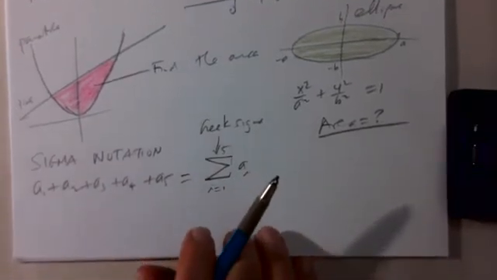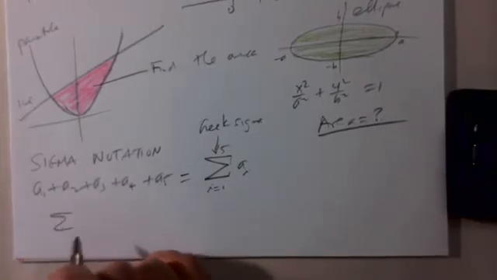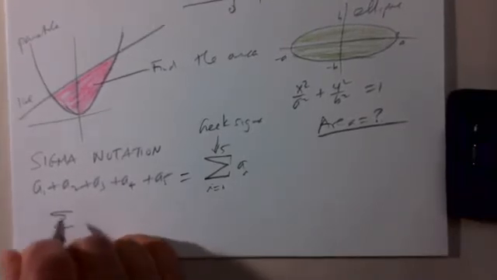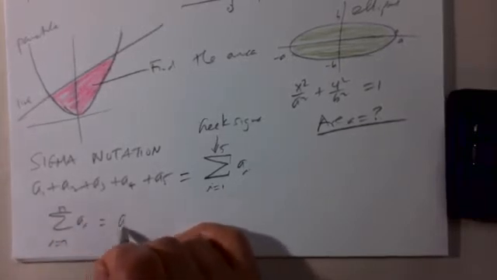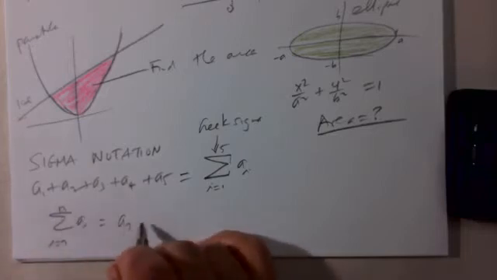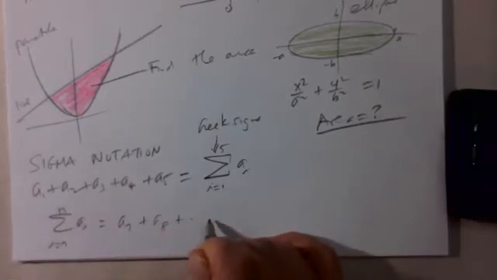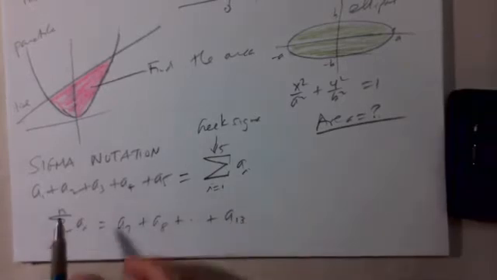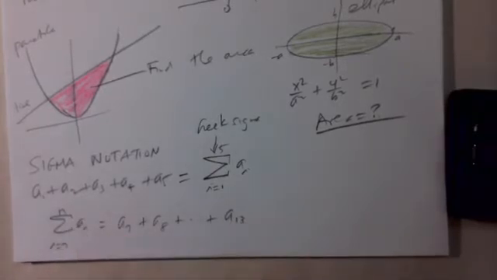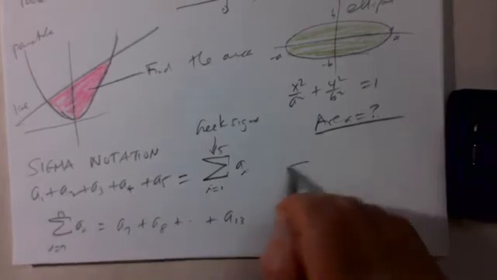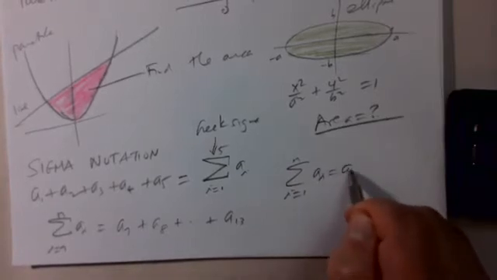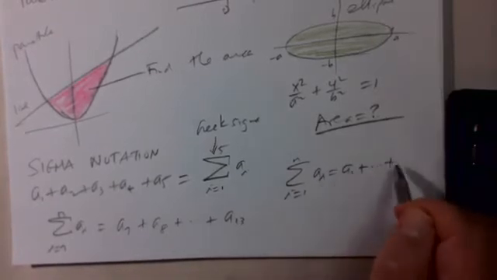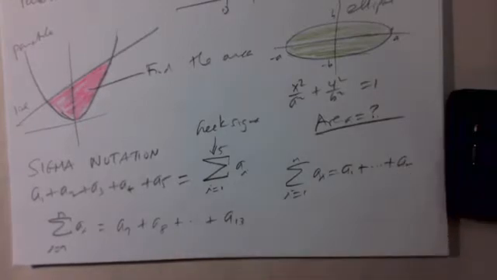Or more generally, if you had the summation, let's say i goes from 7 to 13, a sub i, this means a7, you go through all the numbers from 7 to 13, a7 plus a8, and so forth, up to a13. So this is what is called sigma notation. And more generally, the summation, let's say i goes from 1 up to n, a sub i is the sum of all the elements of this sequence from a1 up to an. Okay.